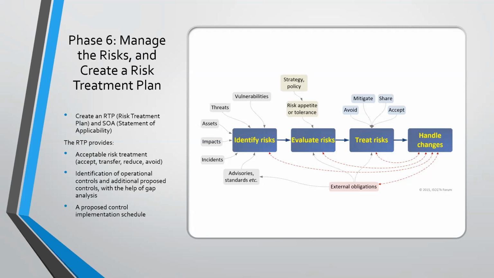To go into the RTP a little bit more, it provides acceptable risk treatments, identification of operational controls and additional proposed controls with the help of gap analysis, and a proposed control implementation schedule. The RTP provides a summary of each identified risk, the responses that have been designed to deal with that risk, the parties responsible for those risks, and the target date for applying the risk treatment.